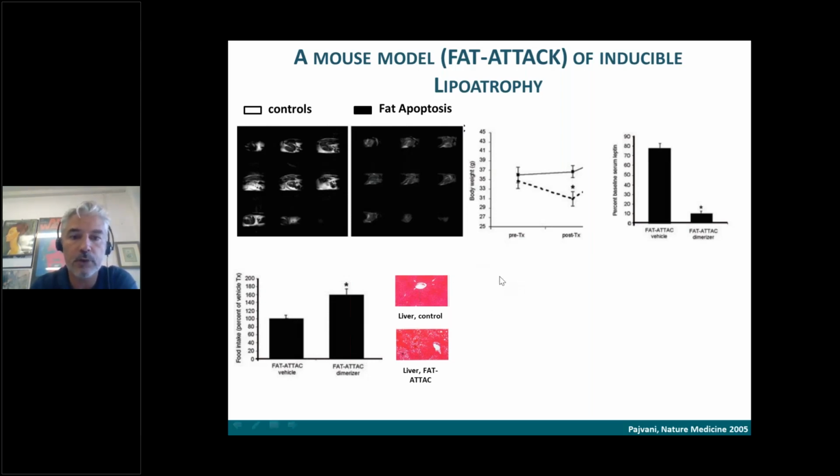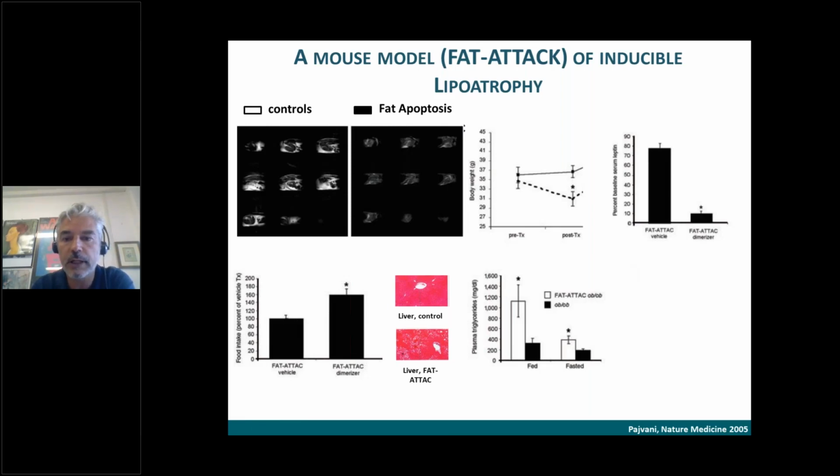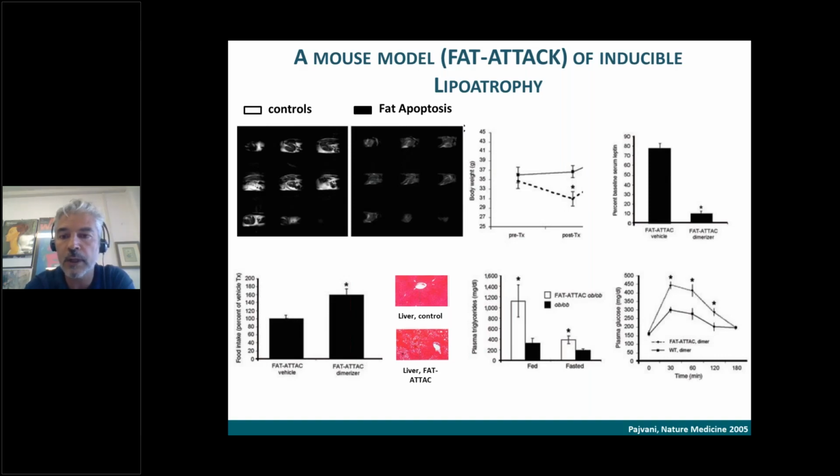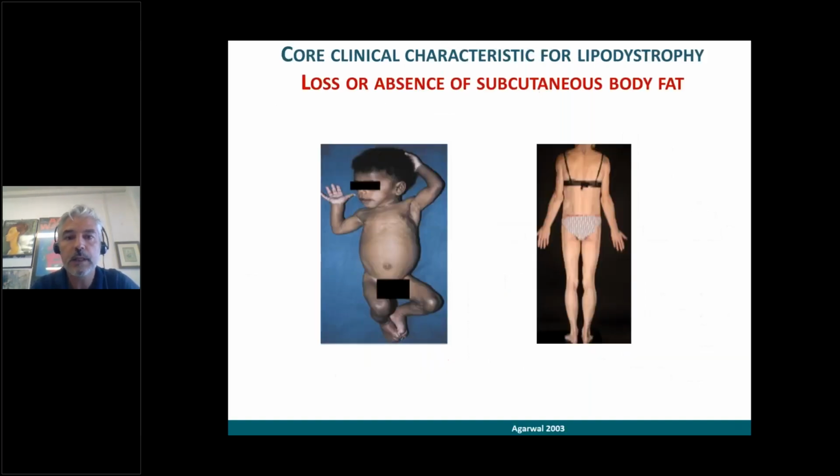For example, in the liver, generating fatty liver and fatty liver disease, increasing the triglycerides in the blood because there is no other place where they can be stored. And this condition generates insulin resistance and is followed usually by the development of type 2 diabetes with extreme insulin resistance. So these are the principles that are associated with the disease and the metabolic syndrome which is associated.